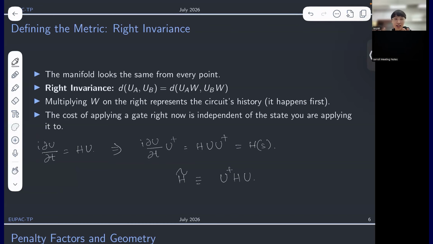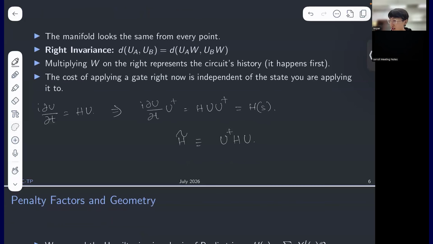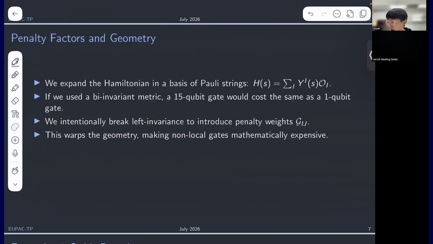If we want to assign costs in this picture, we are going to add up all the costs of all the assigned gates in the past. We don't want to do that. We want the cost of our current gate to be independent of whatever we have done in the past. That's the idea of choosing right invariance in the Nielsen formulation.